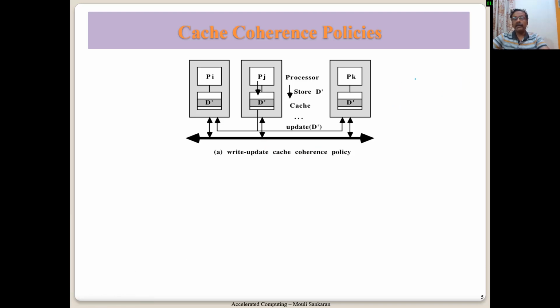Now we can handle the write operation of any core to a particular common data which is being shared by or which is being accessed by multiple cores. We can handle it and maintain the coherence if every write any processor is doing. Suppose this processor is writing on its own copy and this also is writing, and this may also be writing into some other copy of whatever it has.